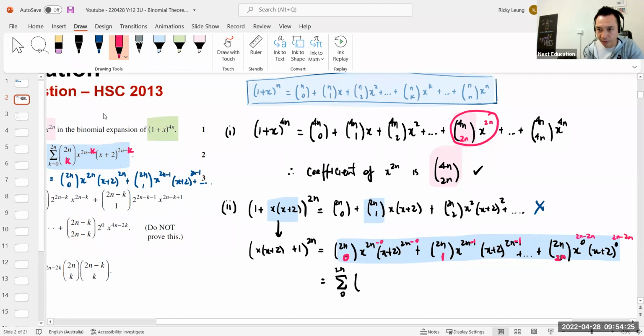What's important there is it starts at 0 and goes to 2n. If I said to you 2n, see the combinatoric term, that's a k down there, and then it's x to the 2n minus k, and then x plus 2 to the 2n minus k as well.